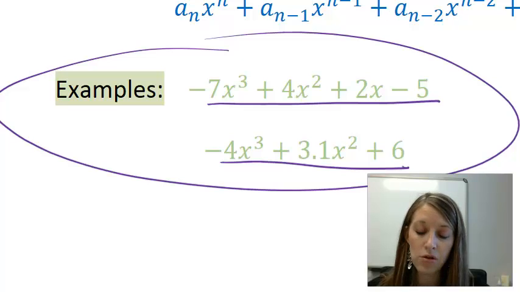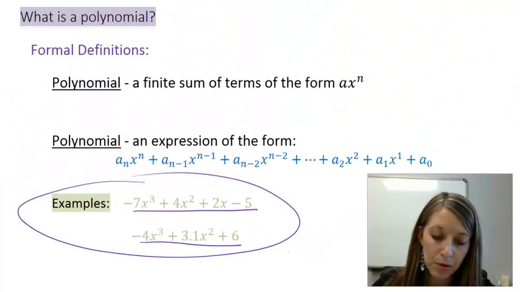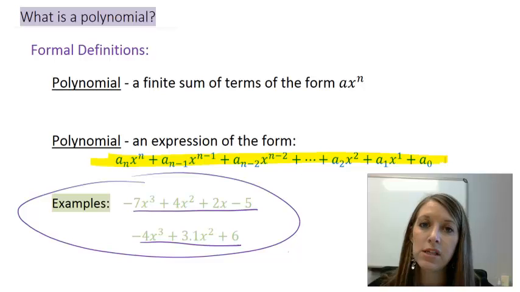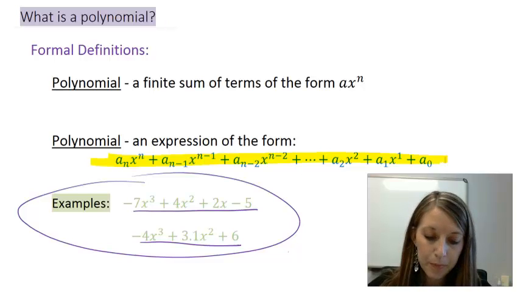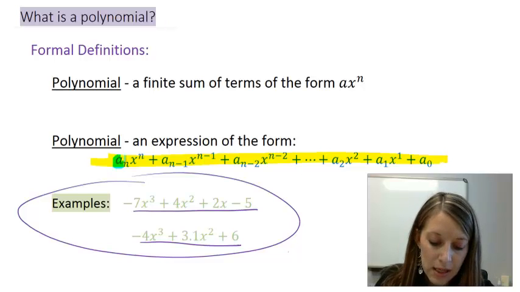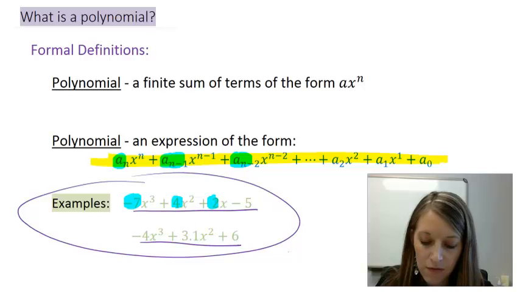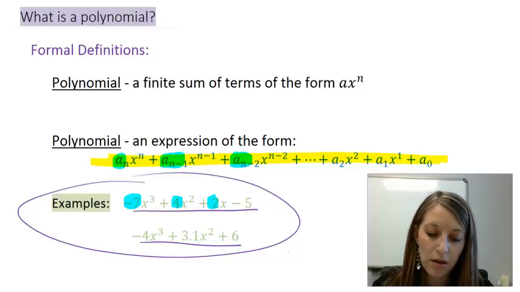So hopefully now you can categorize what a typical polynomial looks like. And if you compare each of these examples to this expression here, hopefully you see now that it fits in. Each place that we see these a values, those are the numbers in front of each of the variables that we have here.